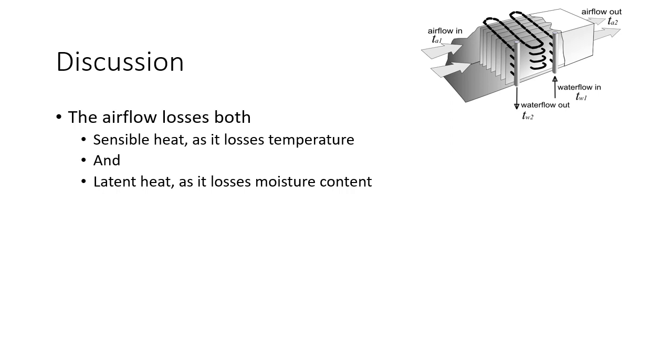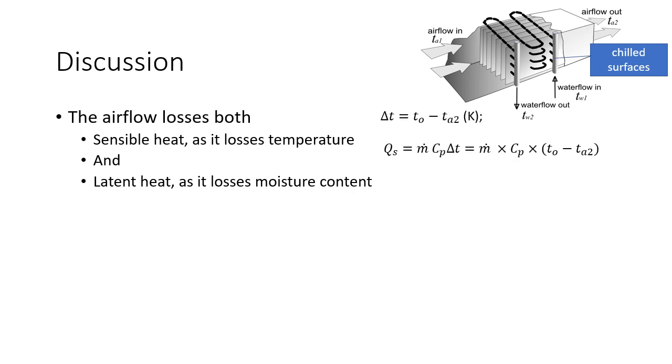So therefore, there is a sensible heat lost, and it can be seen as the temperature drop. Now also, there is a latent heat lost, which can be seen as moisture lost. So condensate is gathered at the bottom, right? Because of the chilled surface.